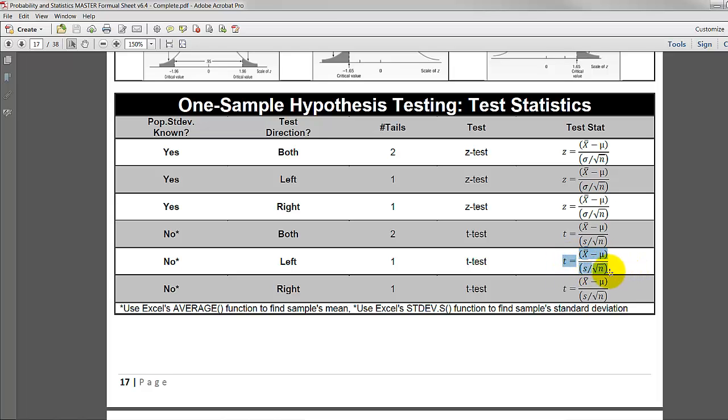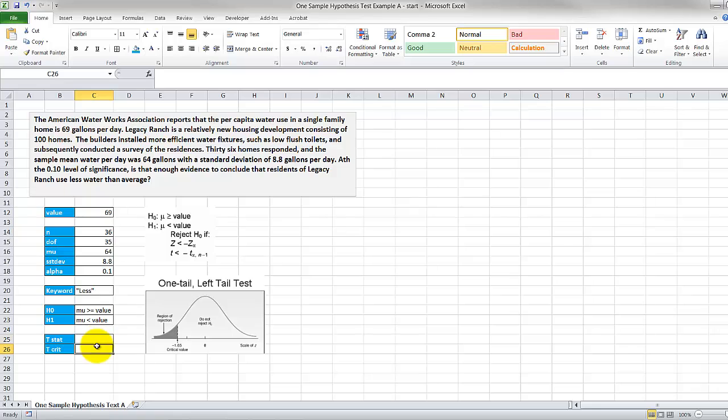We are in fact using a test statistic of a T, and we need to calculate the T stat. So the formula is x bar minus mu, and x bar is our sample average from the survey, minus mu, which you have to keep straight in your head. The mu is actually the reported value, divided by the standard error. So let's go ahead and calculate that.